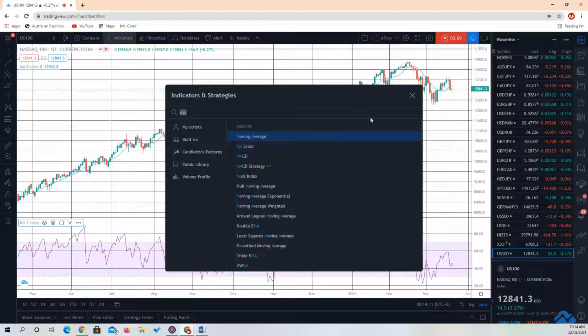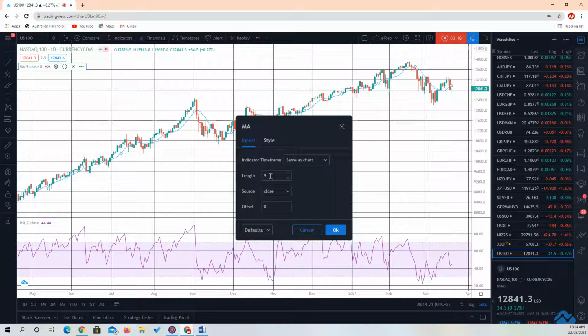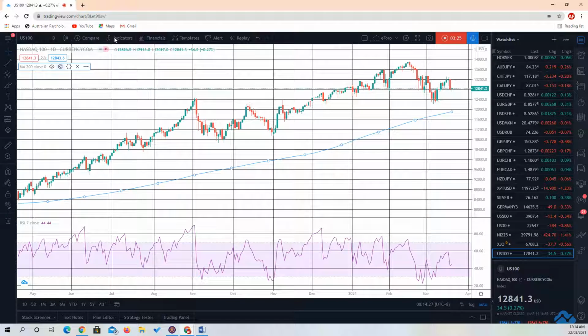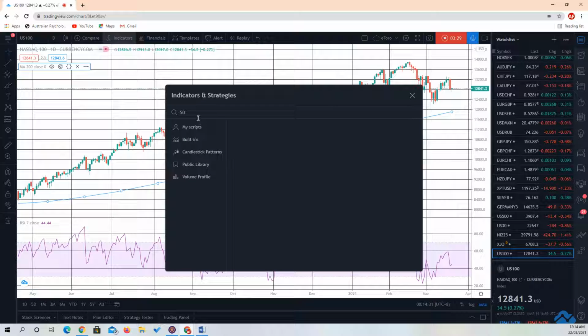I just don't know why it's a bit slow today. Okay, for this moving average, I'm going to change the period to 200, and also I'm adding another moving average, 50.